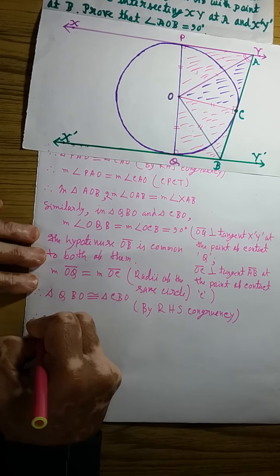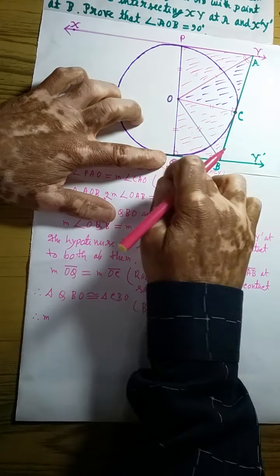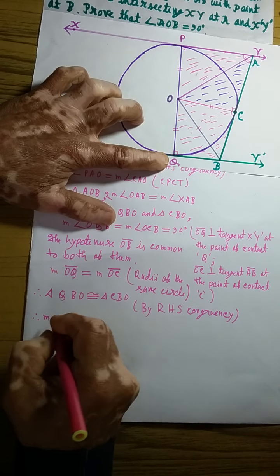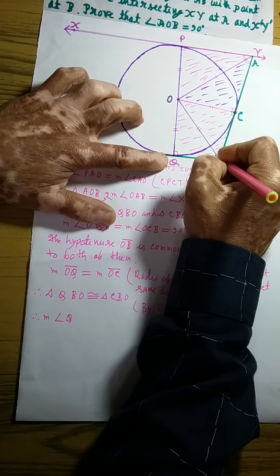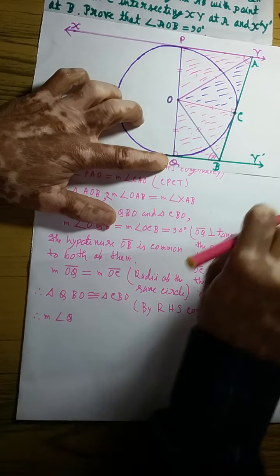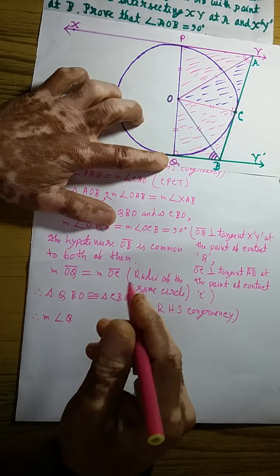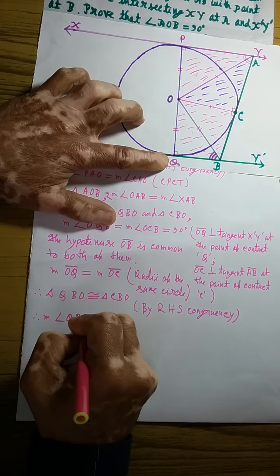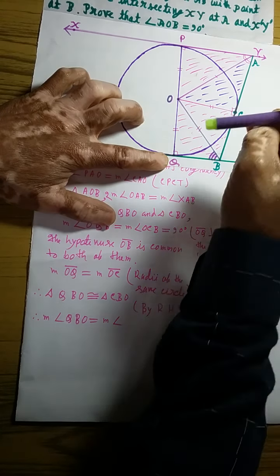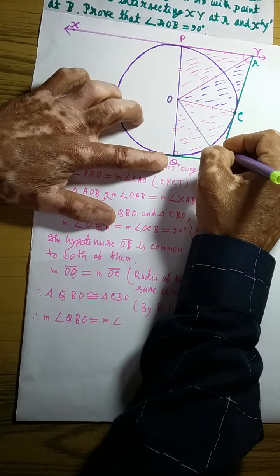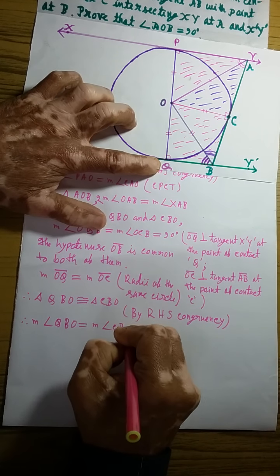After this, write in this way: therefore the measure of the angle QBO is equal to the measure of the angle CBO.